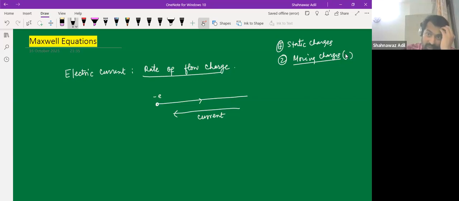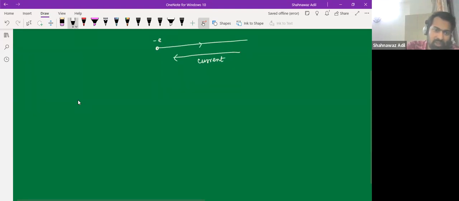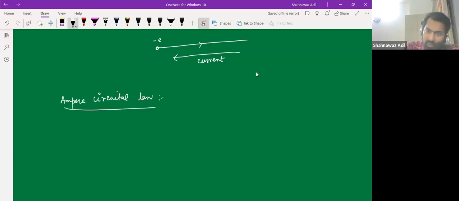But Maxwell also found out that there is a law called the Ampere circuital law. It says that whenever you have a flowing charge and some current is passing, you can calculate the magnetic field using this law.